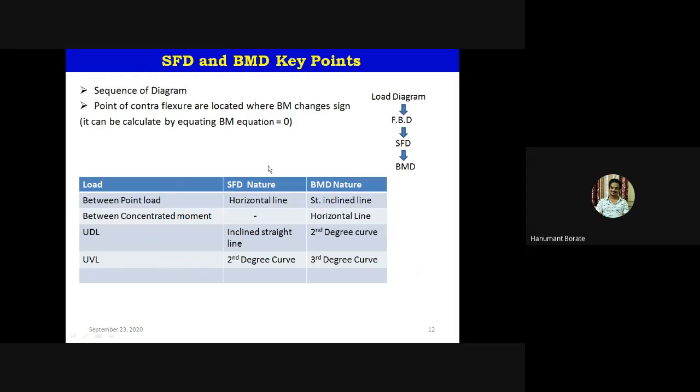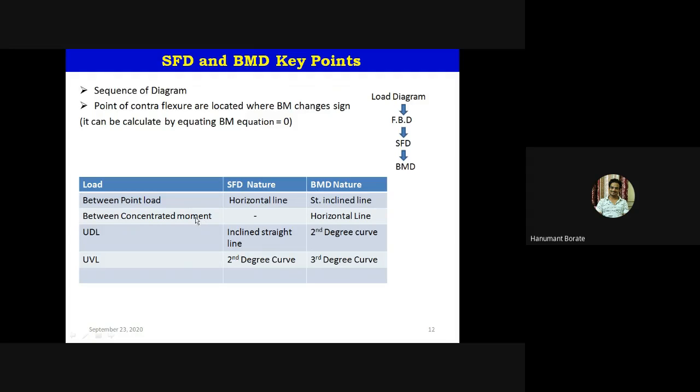Now we'll see the nature of SF diagram and bending moment diagram. Between point loads, SF diagram is always a horizontal line. There is a logical reason. We'll see later on through example, through derivation. Okay. And bending moment nature, whenever between point loads, is a straight inclined line.